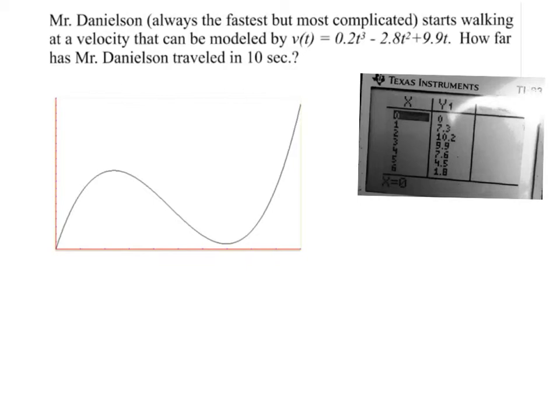Well, there is a calculus way to do this, but I wanted to focus on how this was done before we really understood how to do it with calculus. So it was done before with rectangles. Okay, so I'm going to start by drawing rectangles.